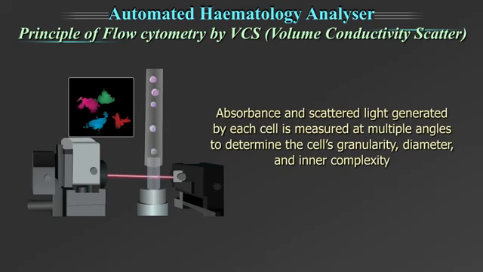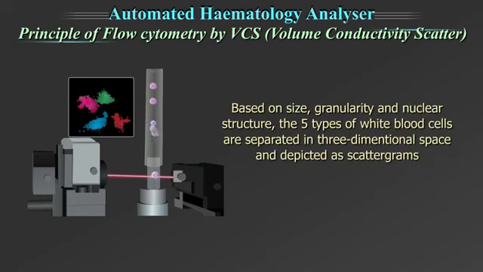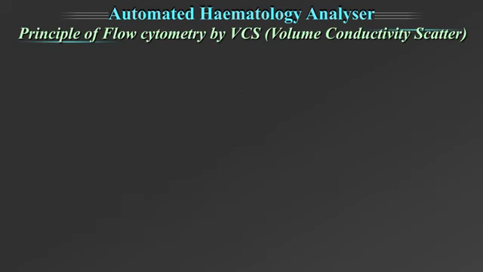The absorbance and the scattered light generated by each cell is measured at multiple angles to determine the cell's granularity, diameter, and inner complexities. Based on size, granularity, and nuclear structure, the 5 types of white blood cells are separated in 3-dimensional space and depicted as scattergrams.